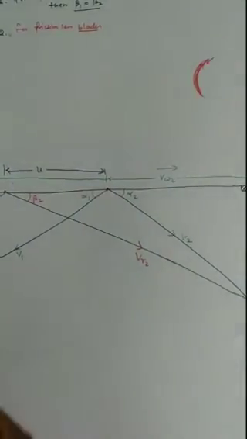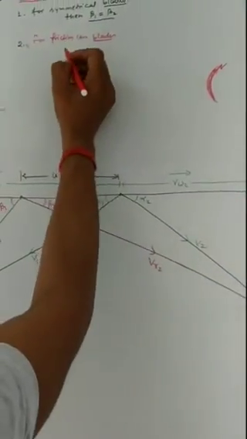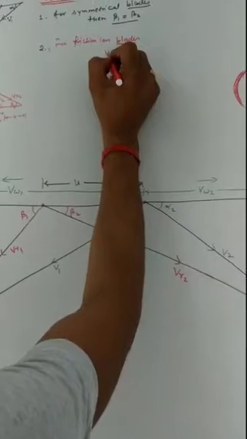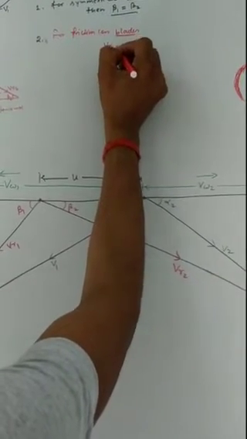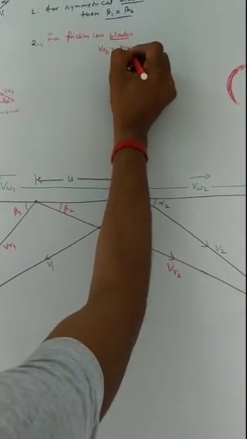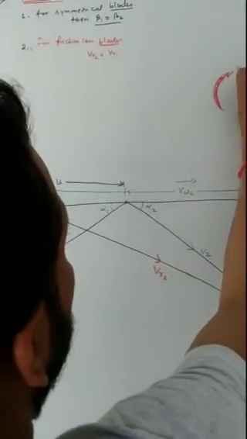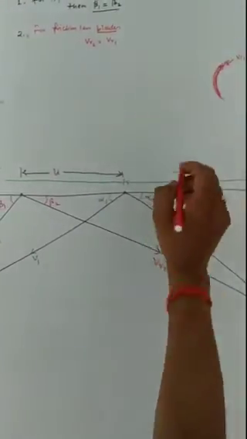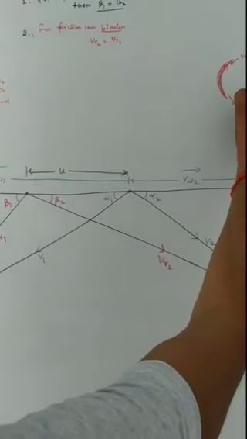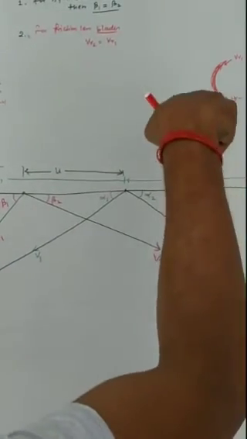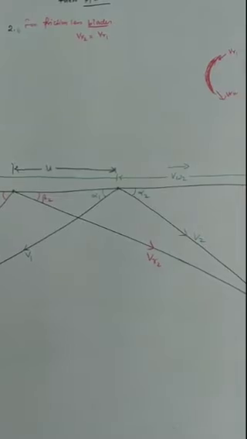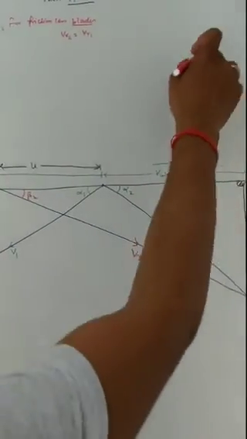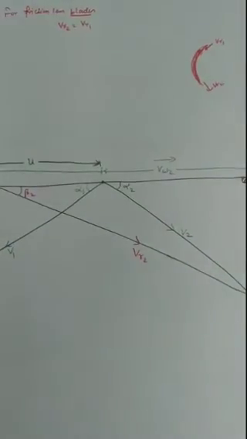There is no friction between the surfaces. That's why relative velocity VR2 is equal to VR1. VR1 is the velocity at which the flow enters the moving blade, and VR2 is the fluid velocity at which flow exits the moving blade. These two velocities are equal when there is no friction between the surfaces.